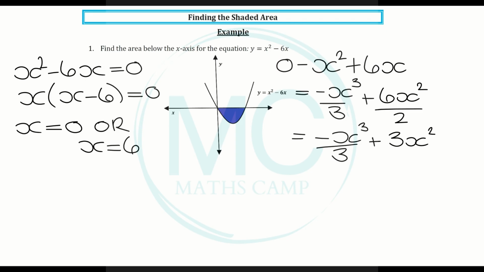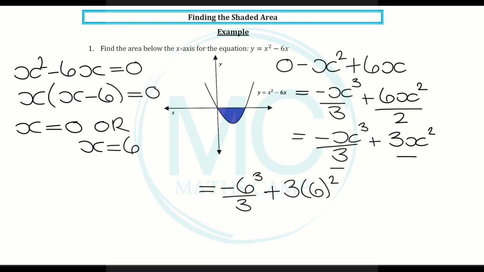We've said in quite a few of our examples now that when x is 0, the entire term is 0. So we're going to have 0 here and 0 here. And when you subtract 0 from any value, that value remains. So in this case, to find the shaded area, all we need to do is substitute 6 into our x terms. So we're going to get negative 6 cubed over 3 plus 3 multiplied by 6 squared.